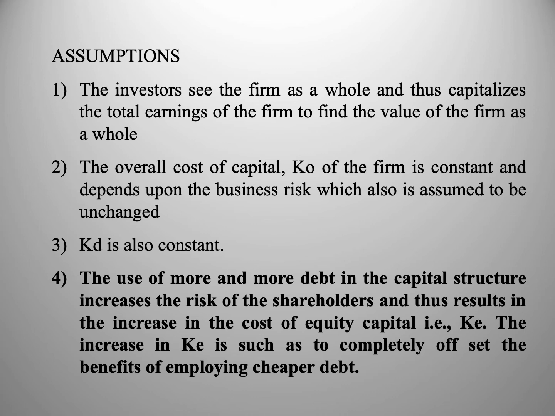In that case, the advantage of using a cheaper source of finance, that is debt, will be completely set off by the cost of equity. So there will be no impact on the capital structure, there will be no impact on the cost of capitalization. These are the four basic assumptions.